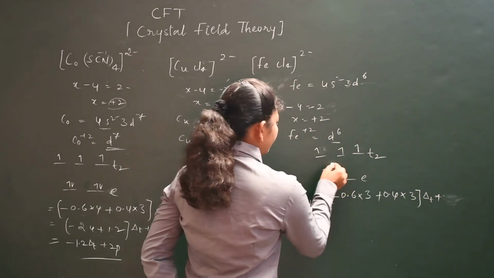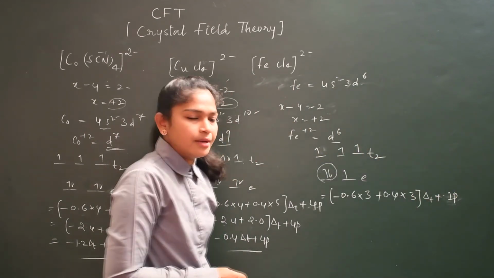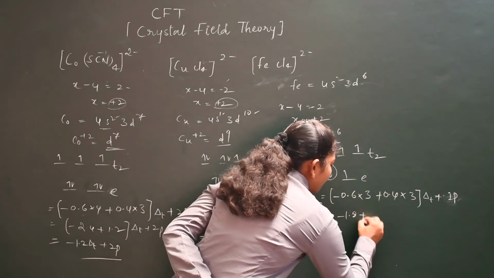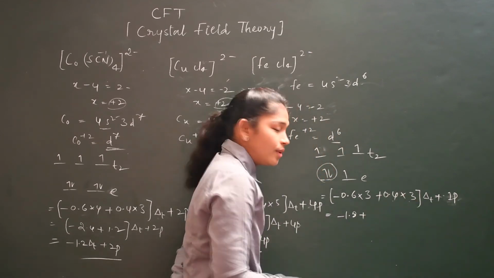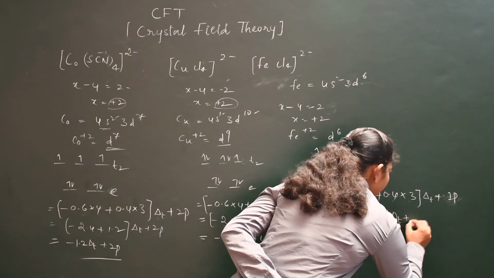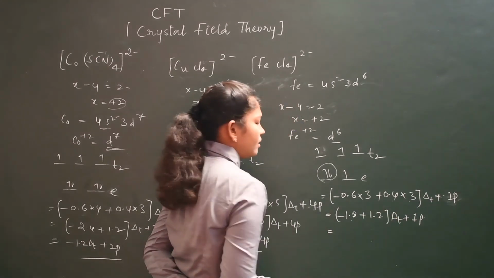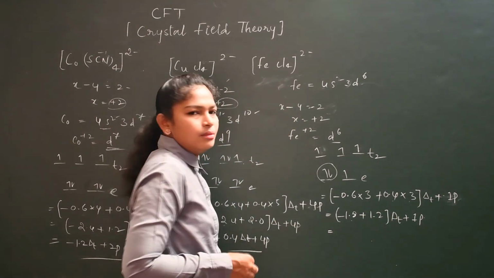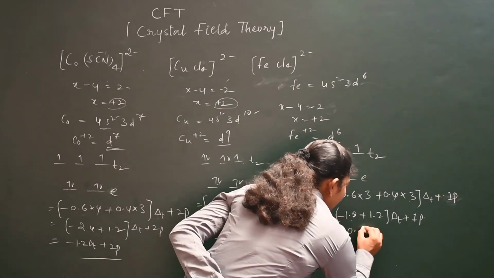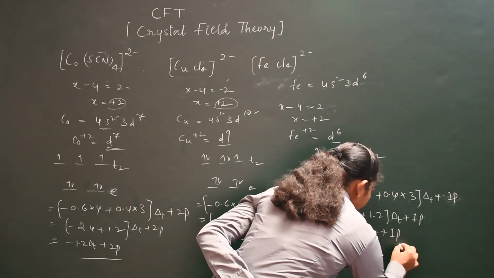How many pairs of electrons are there? 1, so 1P. Now 6 3s are 18, minus 1.8 plus 4 3s are 12, so 1.2 delta T plus 1P. So what happens now? From 1.8 to 1.2, how much will come? Minus 0.6 delta T plus 1P.